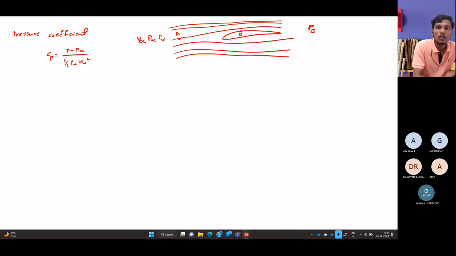Now, instead, I want to say the pressure at point B in a non-dimensional form. How can I say it? I will calculate the coefficient of pressure at point B as PB over half rho infinity V infinity square.